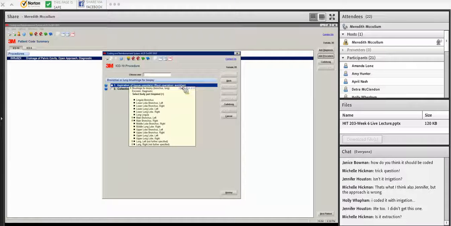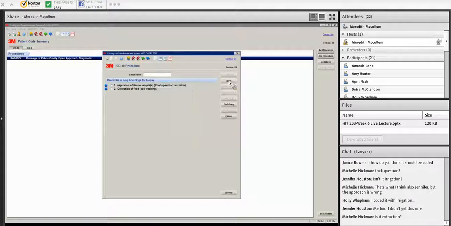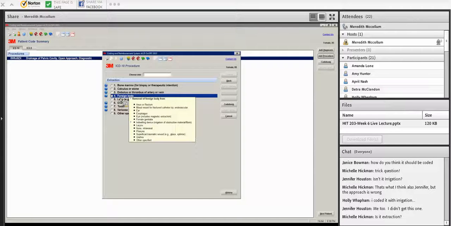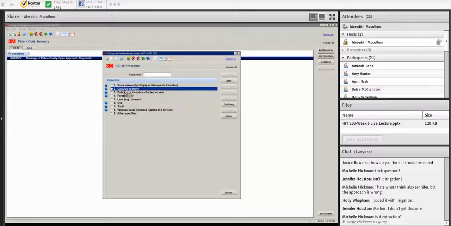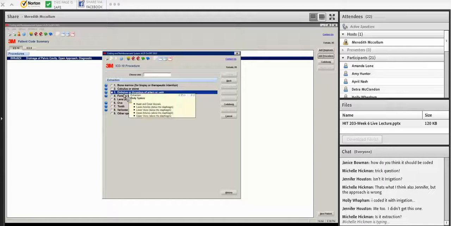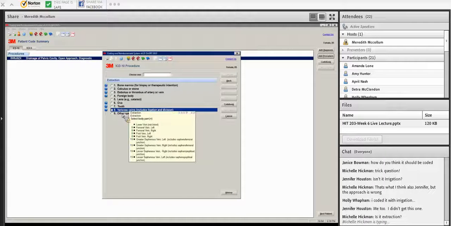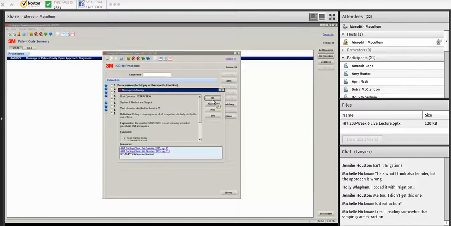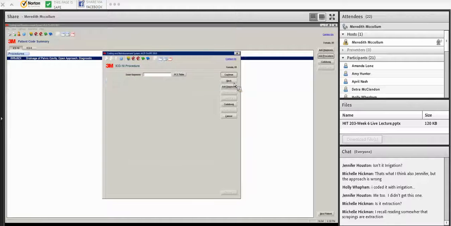It's not extraction, Michelle, because with extraction, that is more of, let's see, it's more of like a foreign body that's, if you notice, these things are not necessarily, they have to be forcefully removed. And so pulling or stripping off of or out of all of a body portion with the use of force. And with brushing, that's not what they're doing. So it's going to be excision.